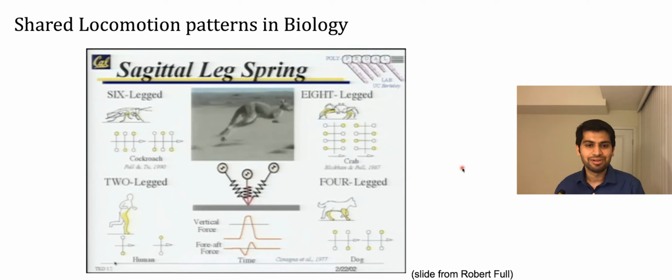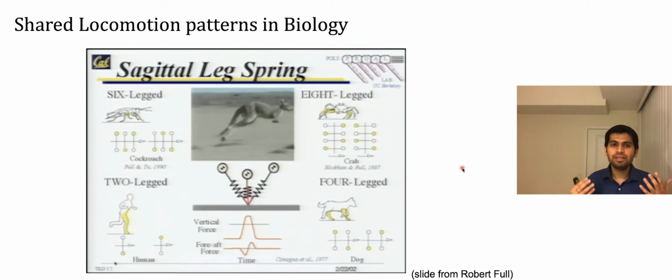Their patterns are similar, which suggests that maybe there are some shared locomotion patterns across species and animals in nature.